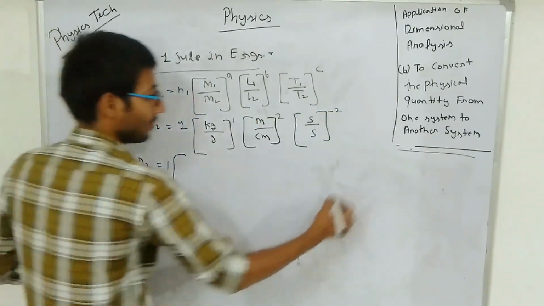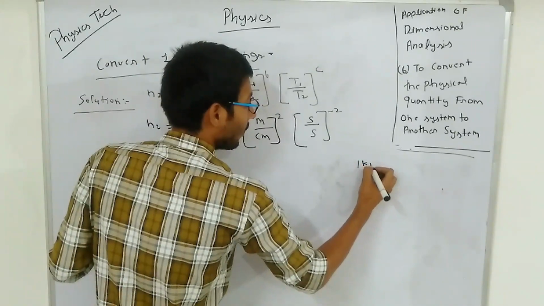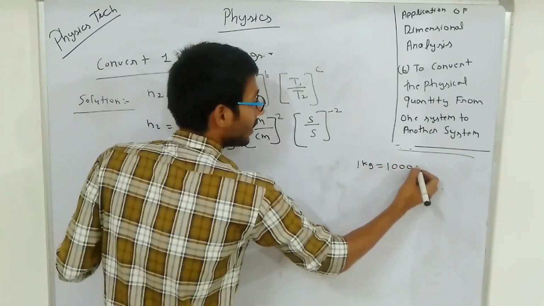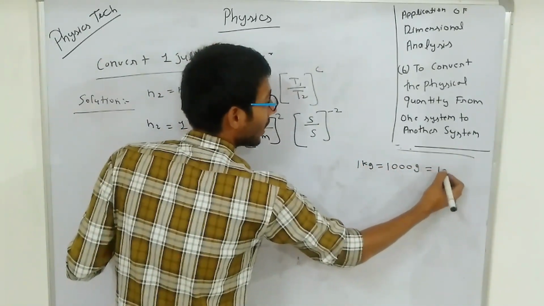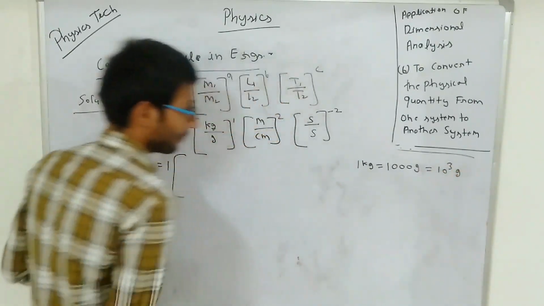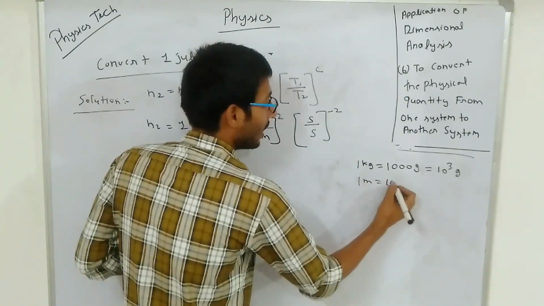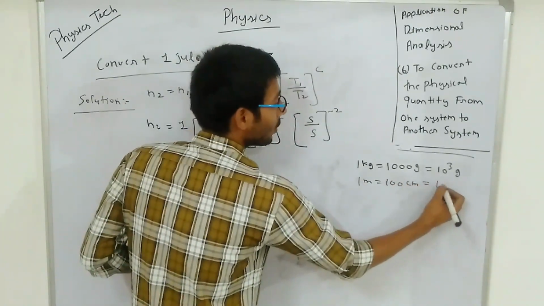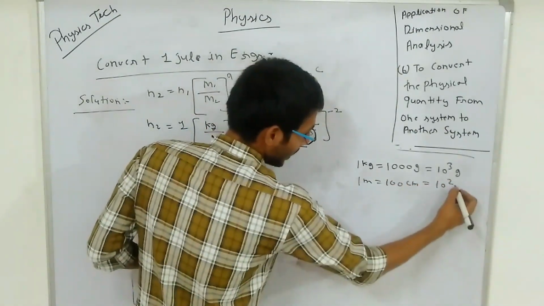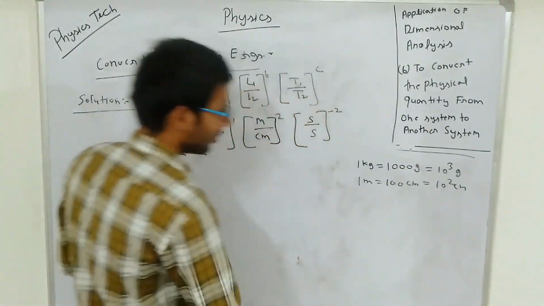We know that 1 kg is equal to 1000 g, which is 10 to the power 3 g, and 1 meter is equal to 100 centimeter, which is 10 to the power 2 centimeter.